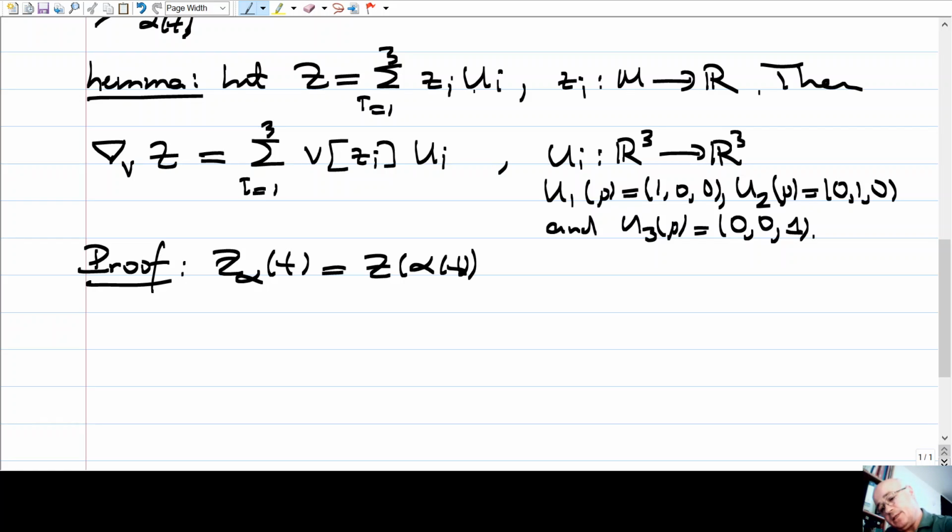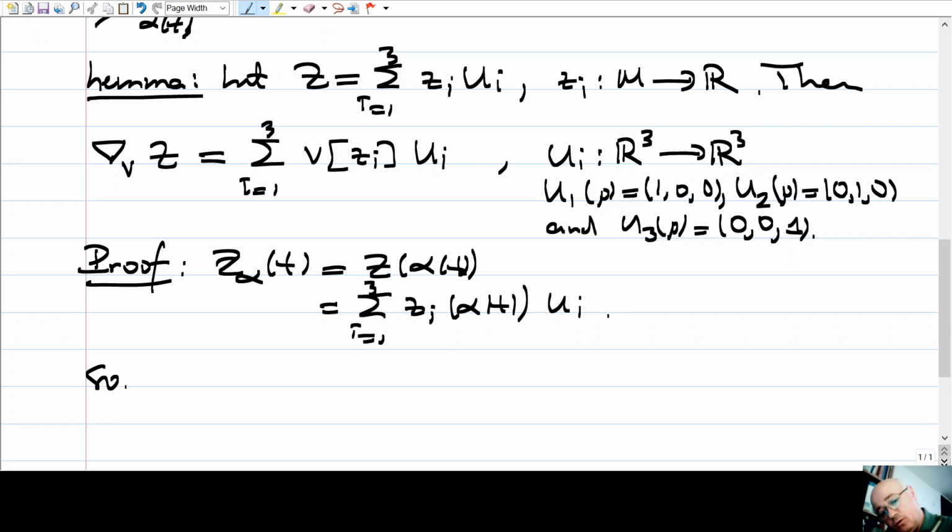And Z has this description, therefore this is just summation from 1 to 3 of Z sub i of alpha t, and then ui, the constant vector field ui.